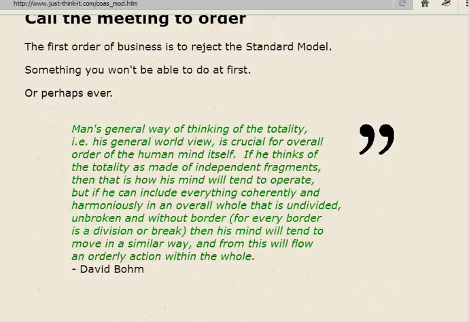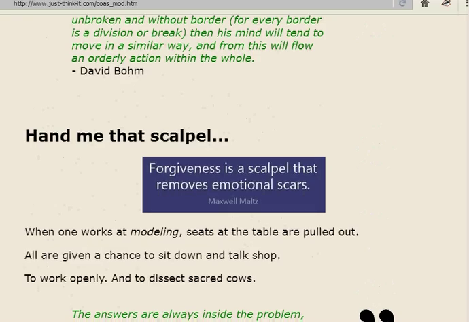But if he can include everything coherently and harmoniously in an overall whole that is undivided, unbroken, and without border, for every border is a division or break, then his mind will tend to move in a similar way, and from this will flow an orderly action within the whole. David Bohm. Hand me that scalpel.